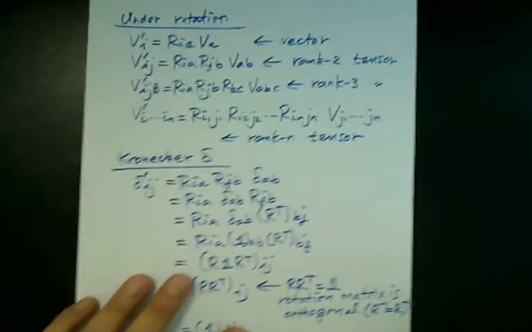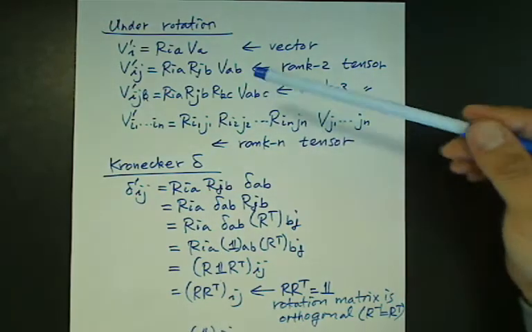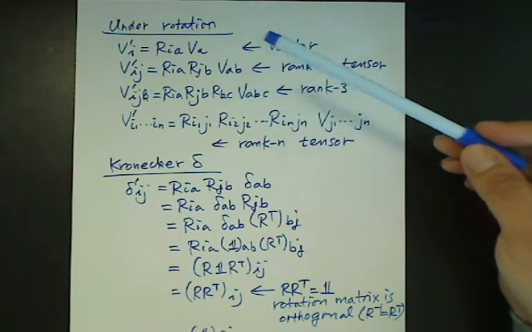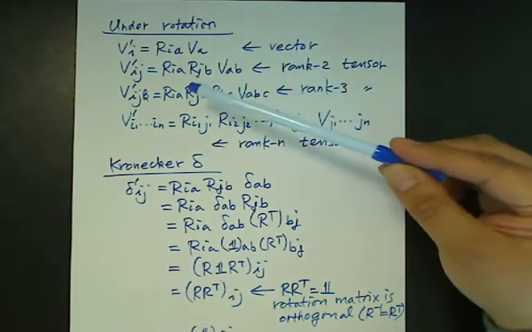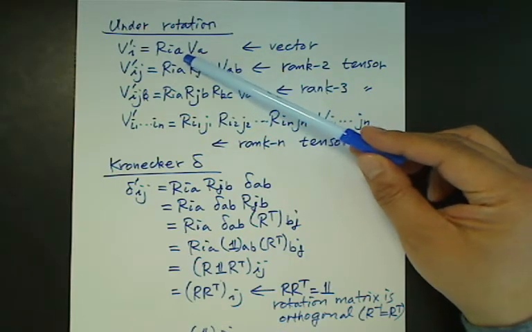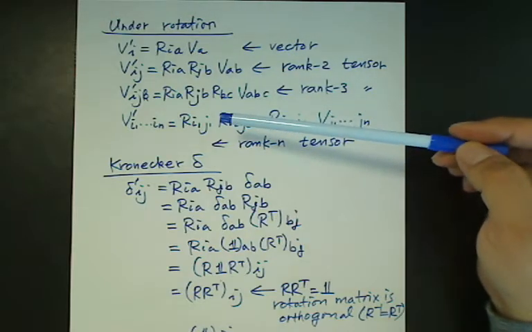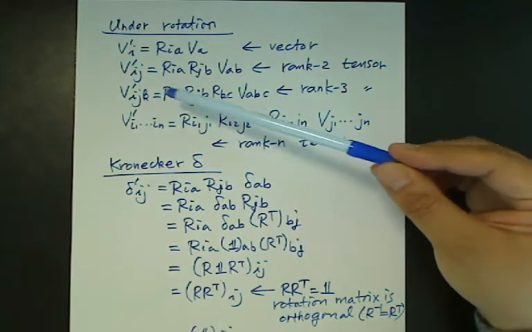In summary, on the rotation, for each vector index, the rotation matrix should be multiplied in front, because any vector in here is assumed to be expressed as a column vector.